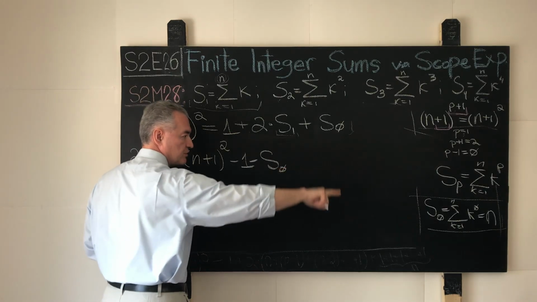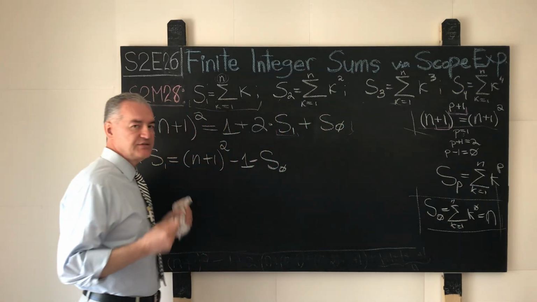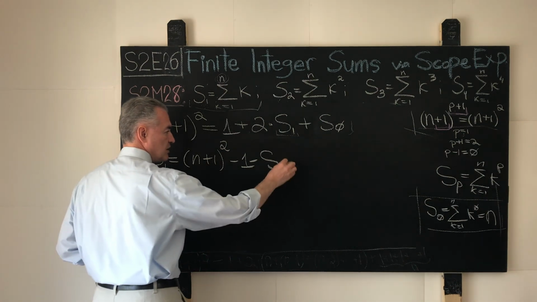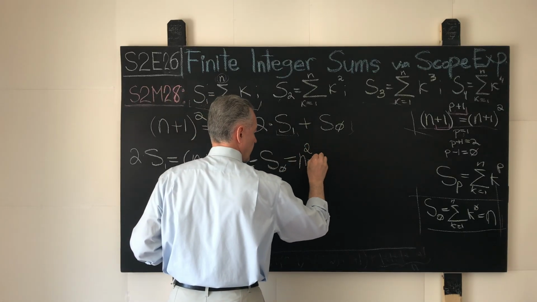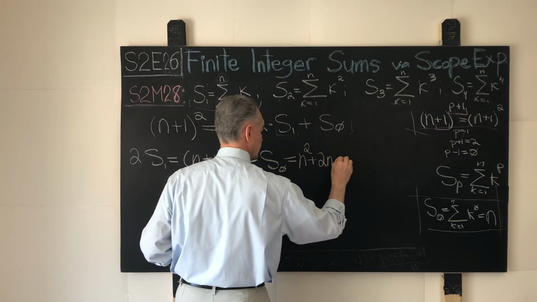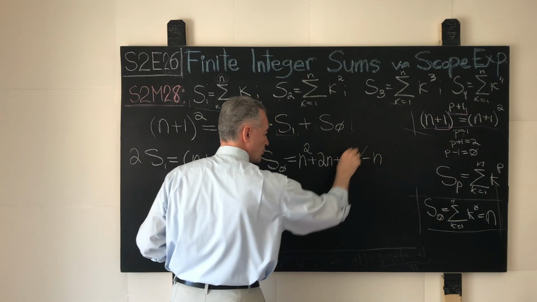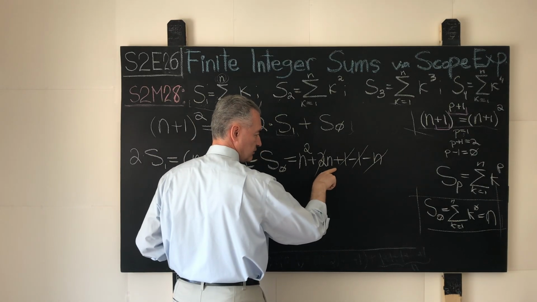We know that S0 is basically n, which requires exactly 0 algorithmic effort to come up with. So we spell out n squared plus 2n plus 1 minus 1 minus n. Minus 1 and plus 1 cancel out, minus n and 2n cancel out, leaving n.